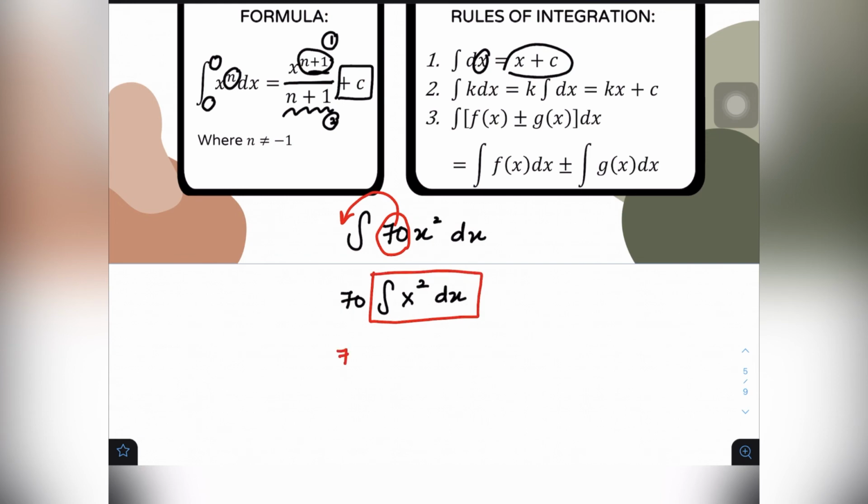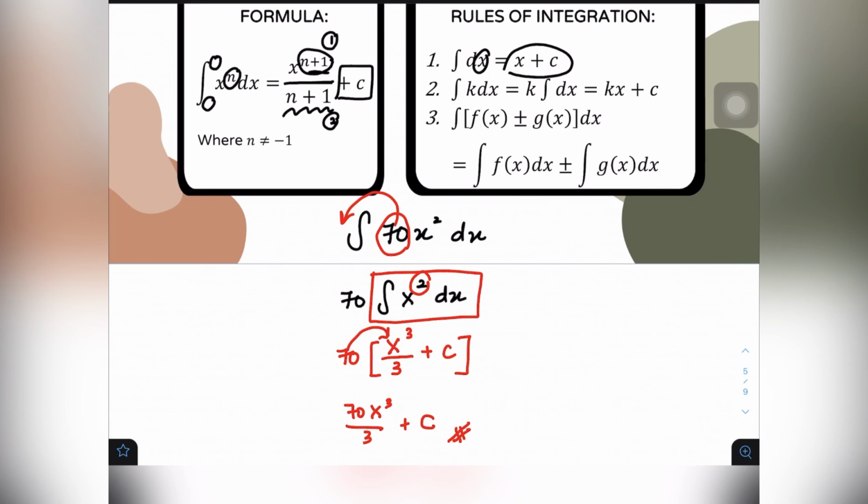Now you put brackets. Integrate x squared: power plus 1, so you get x cubed over 3 plus c. Then you multiply back, so it becomes 70x to the power of 3 over 3 plus c.